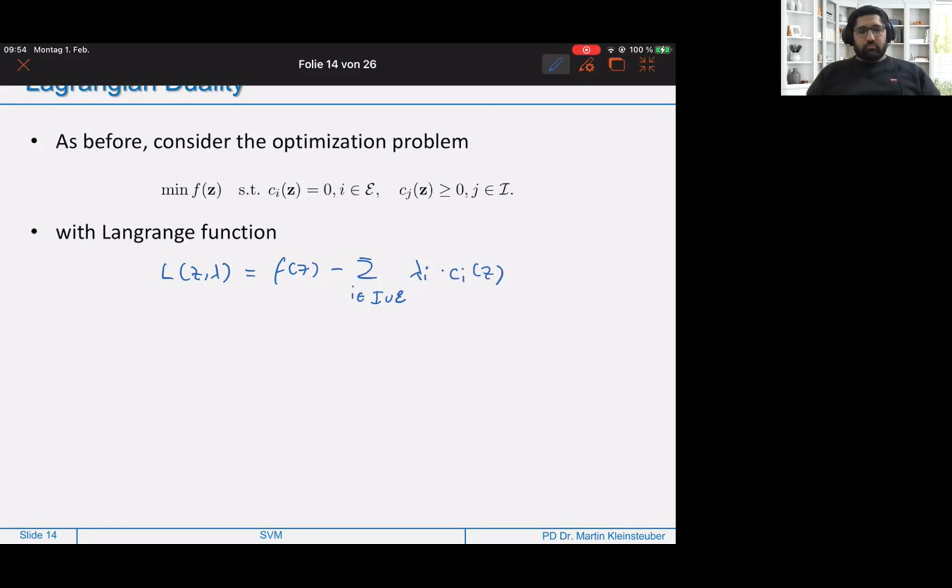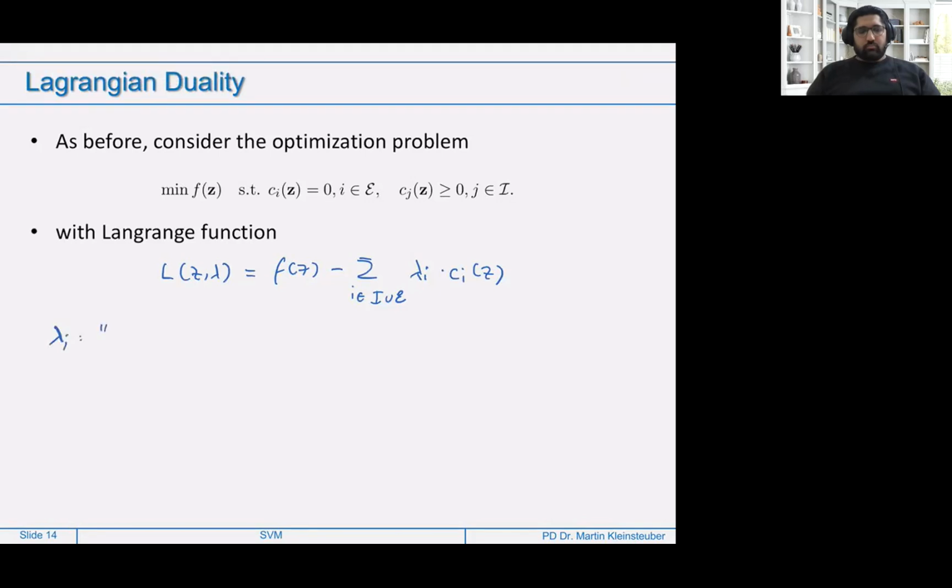And these Lagrange multipliers are also called dual variables.